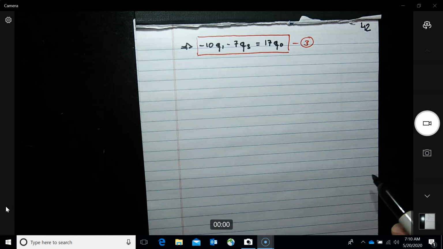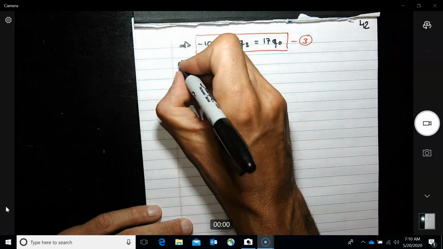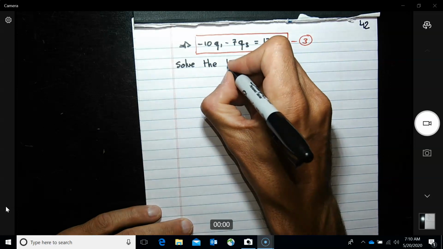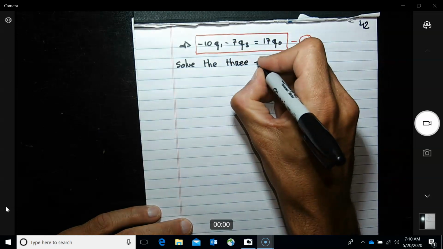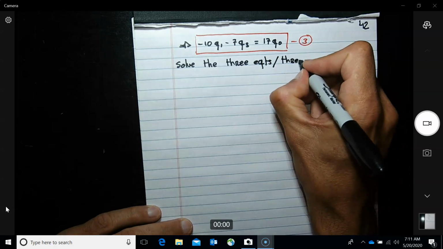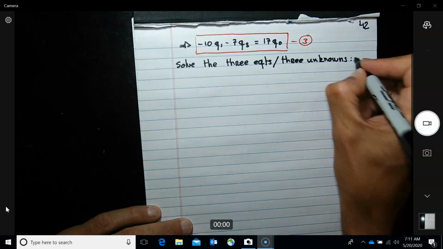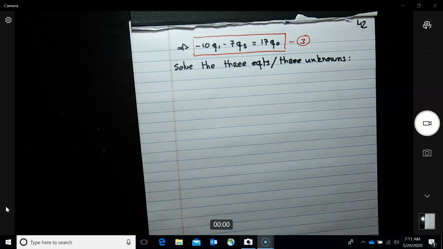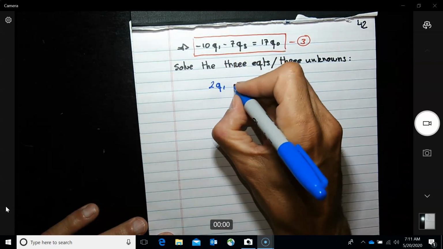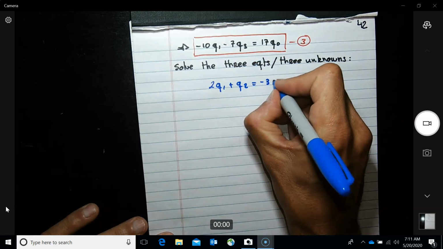So the next step now will be to solve the 3 equations, okay, with 3 unknowns. So let's see what is our system. Our equation 1 was 2q1 plus q2 equal to negative 3q sub naught.